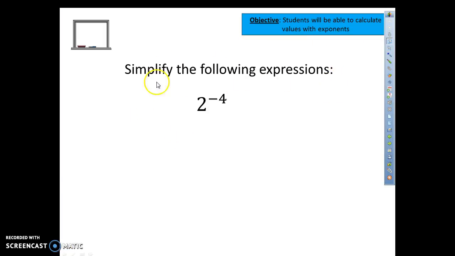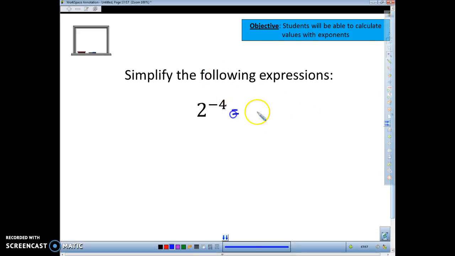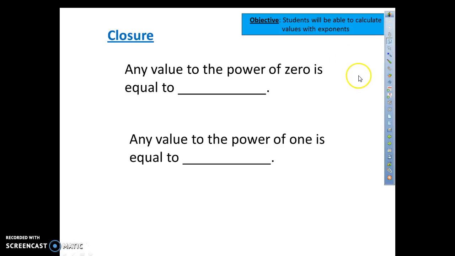Please write down this example on the back of your notes, and I want you to try this. Okay, so hopefully you have paused the video and tried this. 2 to the negative 4th. Well, I have a negative exponent, so it's going to go into the denominator and turn positive. So 2 to the 4th, and my numerator is 1. This is the answer. Okay, so those are some exponent laws.